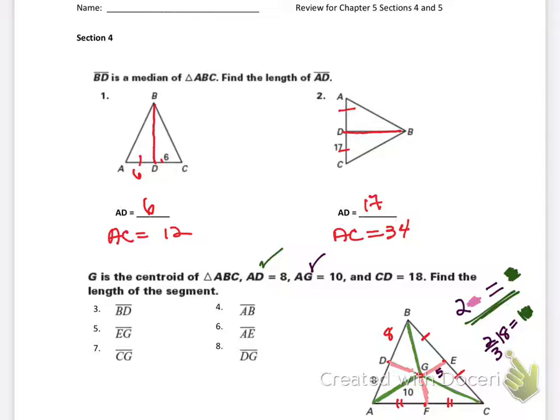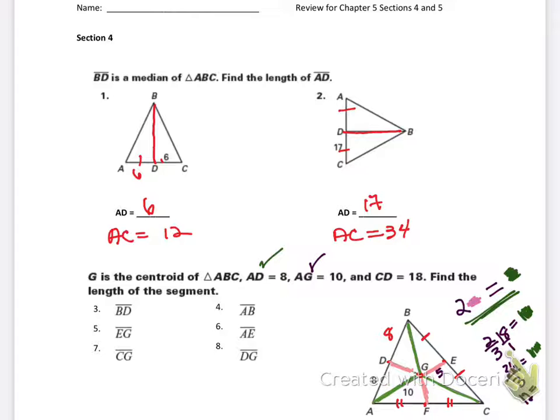Well, you can say this is like 18/1. So therefore, 2 times 18 is 36/3 equals the green piece, or 12, equals my green piece.